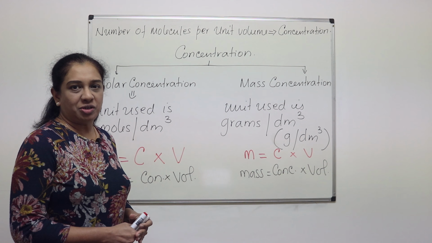When we calculate the concentration, there are two different units which we can use. So I have divided that very clearly to show you. The first unit is measured in moles per dm cube, which we are going to call molar concentration, and the second unit that we can use is grams per dm cube, which we are going to call mass concentration.